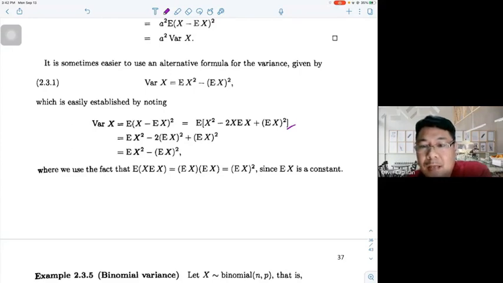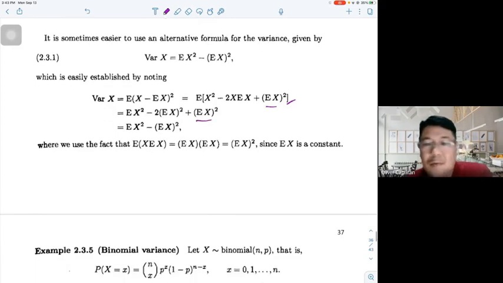And then the last term here is indeed a constant. The square of a constant is also a constant. So the expectation of a constant will just be equal to the constant. So we have this expression. And then simplifying, we were able to get the expectation of x squared minus the square of the mean of x.